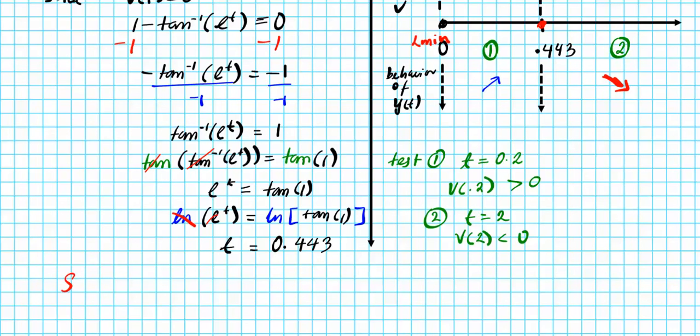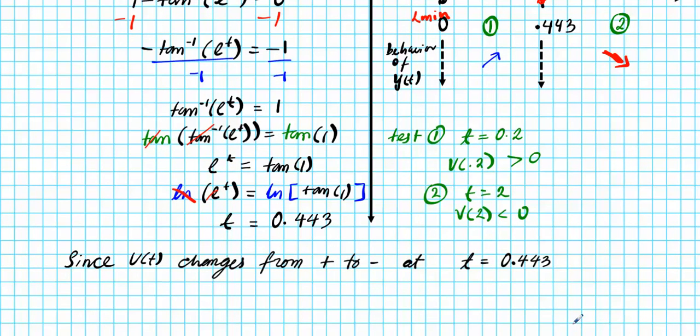V of t, so since V of t changes from positive to negative at t equals 0.443, there is a local maximum here, okay?